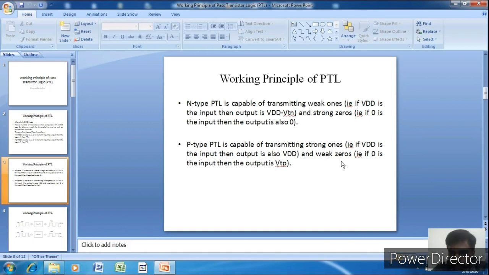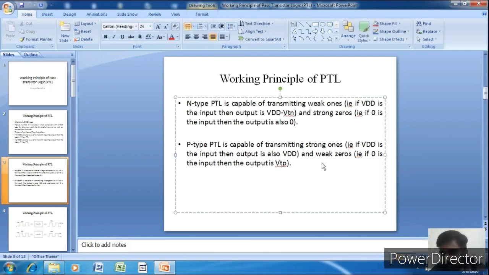So if VTP is 0.7, consider VTP as minus 0.7, and we are trying to pass 0 through a PMOS transistor, but our output will be minus 0.7. It is not 0. And in the case of N-type pass transistor logic, if we are trying to pass 5, that is logic 1 value or VDD, through an NMOS transistor, then the output will be VDD minus VTN.